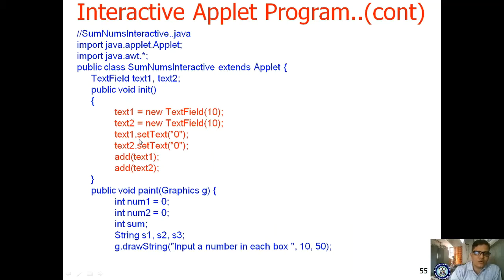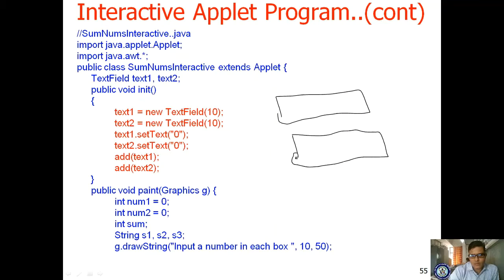Next, text1.setText of 0. You are assigning the default value 0 in that text box. So whenever you define like this, we get two text boxes with size 10, and the default value you are setting is 0 and 0.